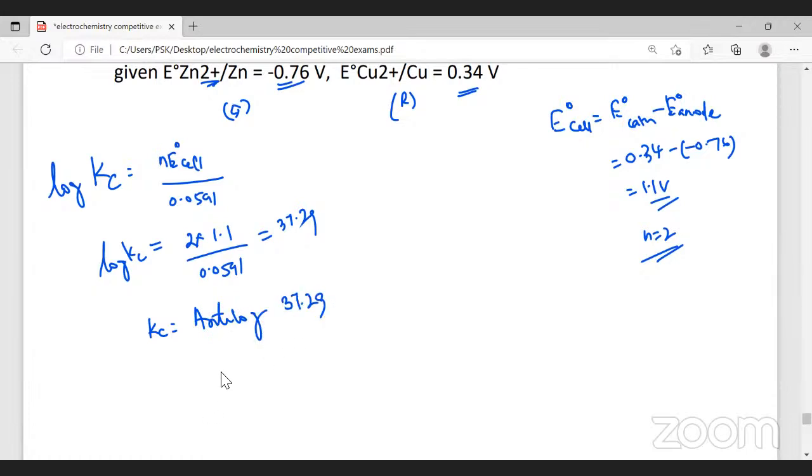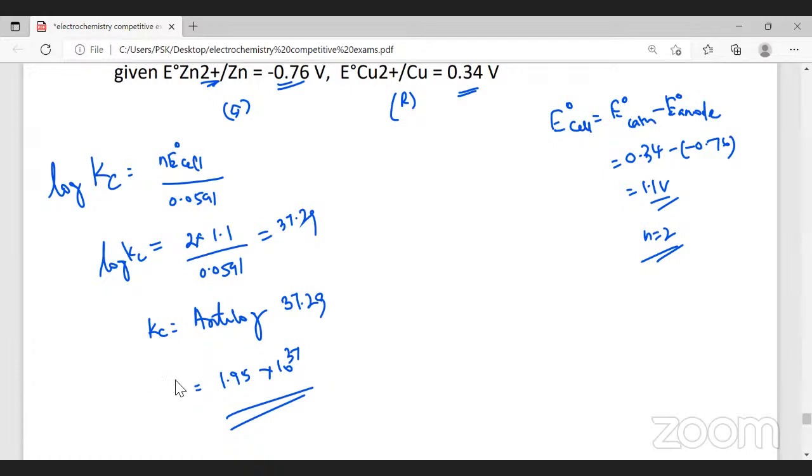So anti-log of 37.29 is 1.95 into 10 to the power 37. You please find out the tricks of finding the anti-log from the physics teacher. You can take their help because they will be using log often. So please learn it from the physics teachers. Request them to teach you. Or if you know, it's well and good.